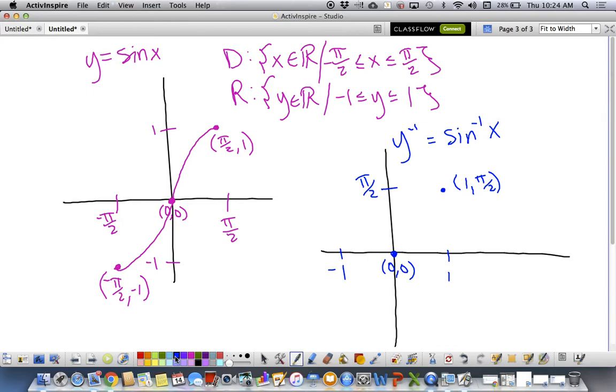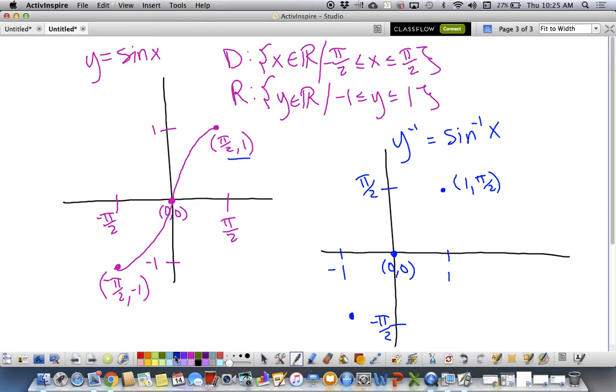I just took this point right here and flipped the x and the y, just like we did with that very first one. The other one is negative pi over 2, negative 1. So we need to be at negative 1, negative pi over 2. There are 3 points here.